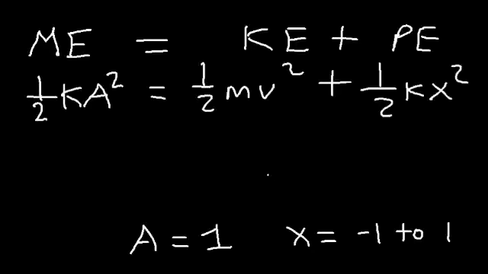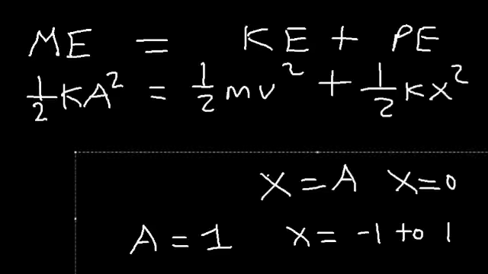So whenever x is equal to A, the potential energy is the same as the mechanical energy. At this point, the kinetic energy is 0. And whenever x is equal to 0, that is at the equilibrium position, potential energy is equal to 0. So let me organize this information.